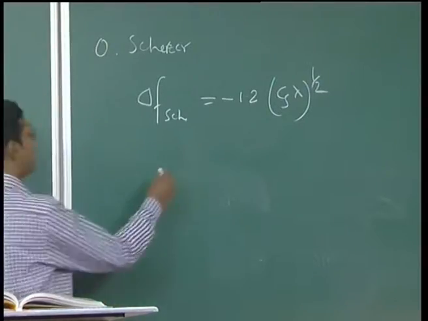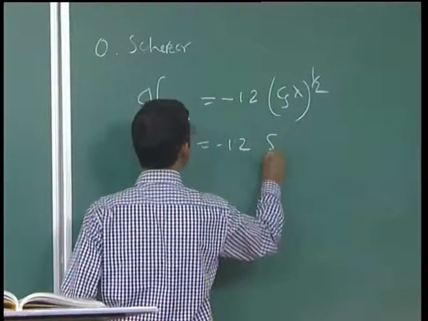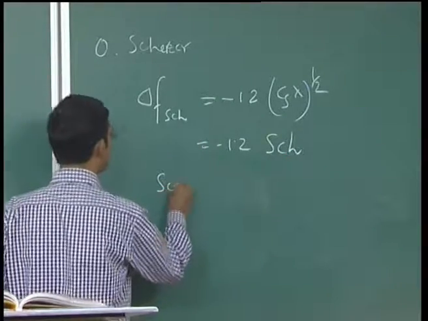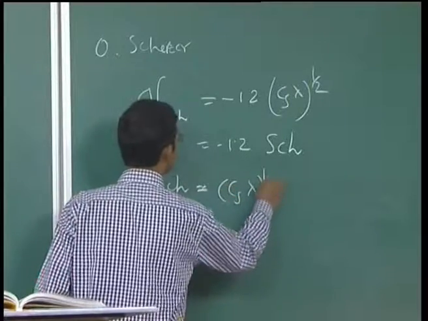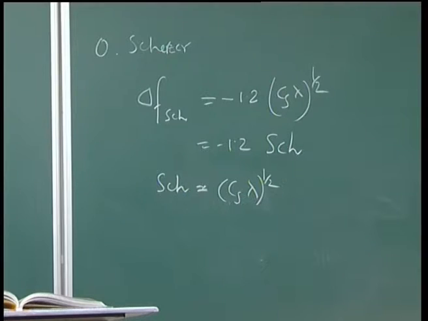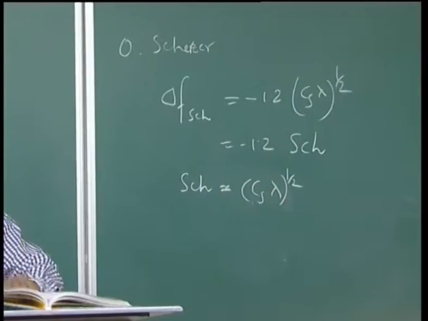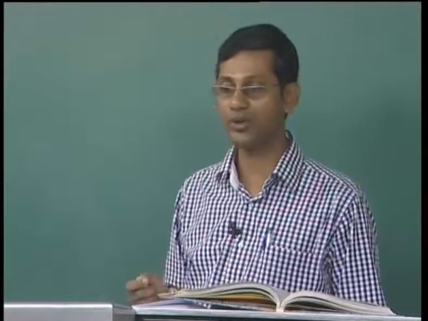And many times we write this equation as minus 1.2 times the Scherzer defocus, where the Scherzer defocus is Cs lambda to the power half. What you can see clearly from this picture is that at the Scherzer focus, all the beams will have nearly constant phase out to this first 0 or first crossover on the g axis. That is what is shown here.